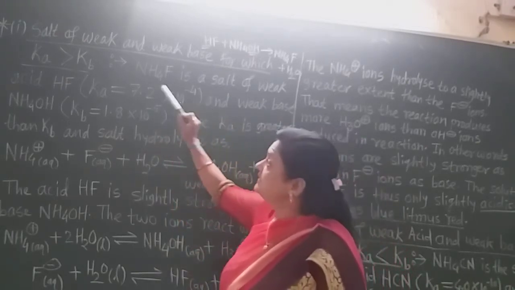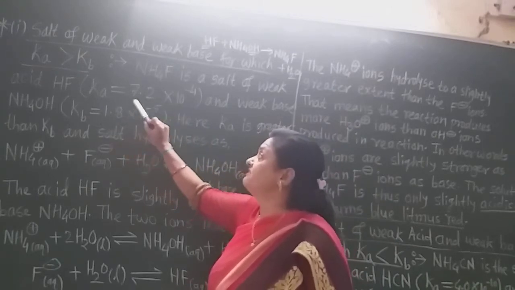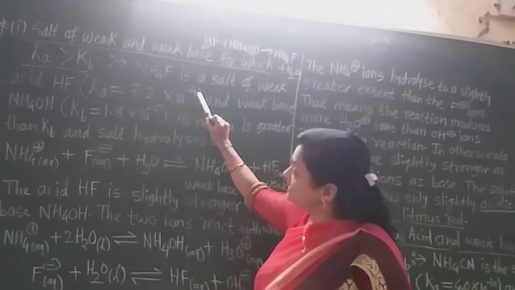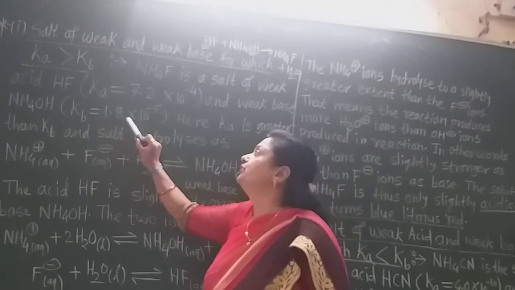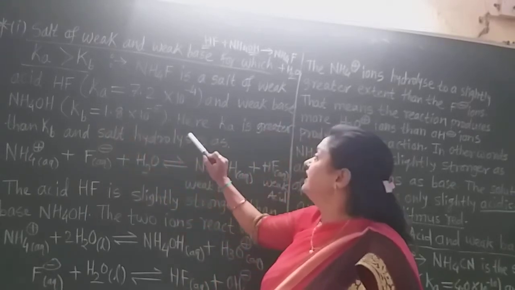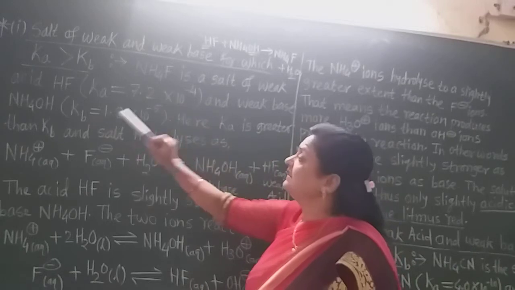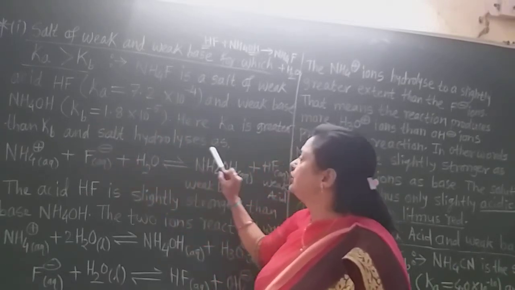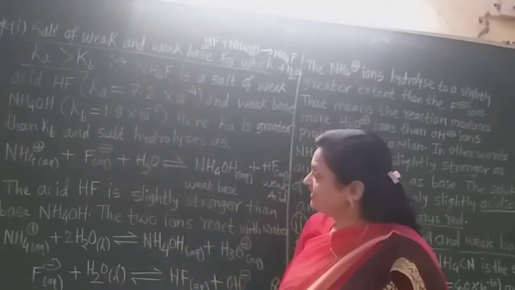Therefore here Ka is greater than Kb. 7.2 into 10 raised to minus 4 is greater than 1.8 into 10 raised to minus 5. And that's why, here Ka is greater than Kb, and the salt hydrolyzes in the aqueous solution.